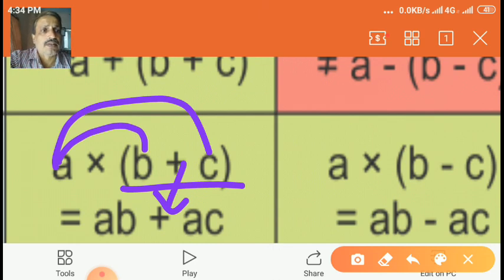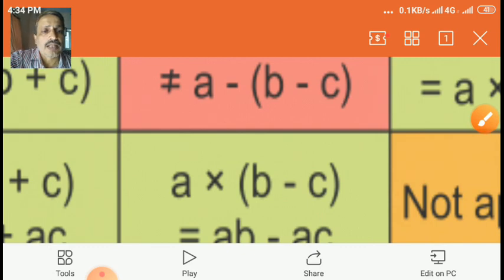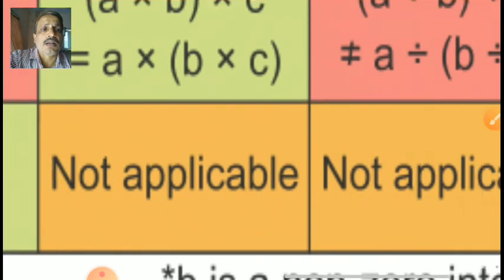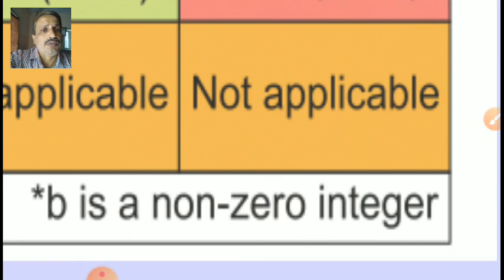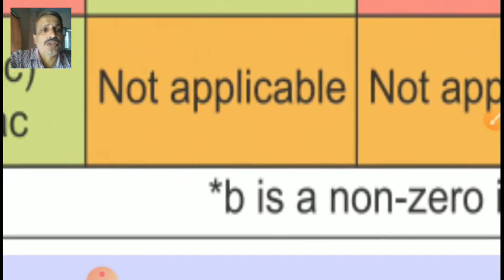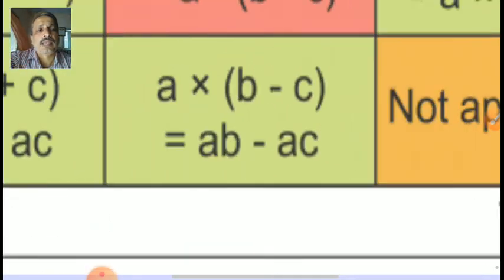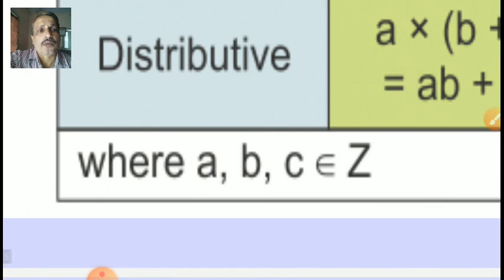Same way for subtraction: a into b minus c gives us ab minus ac, but it is not applicable for multiplication and division. Here in each and every example, b is a non-zero integer. That means it is not 0, either positive or negative. And a, b, c, three numbers belong to Z.